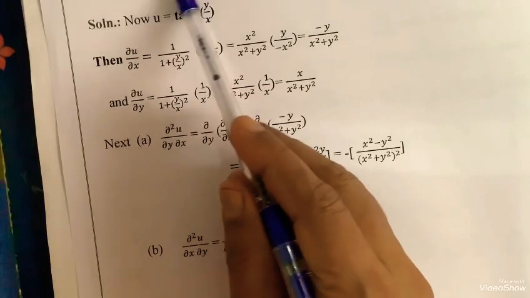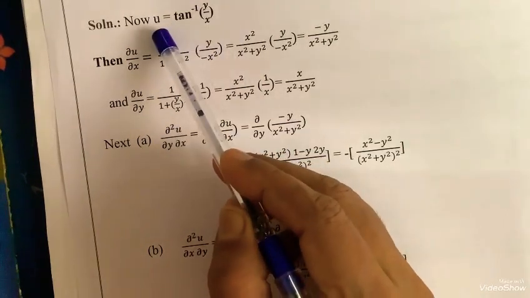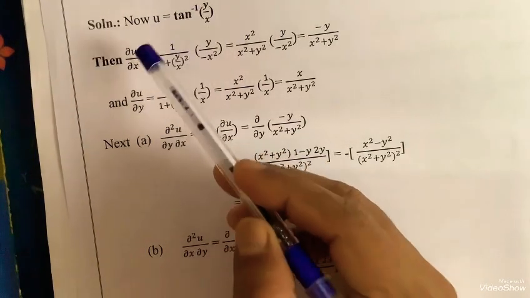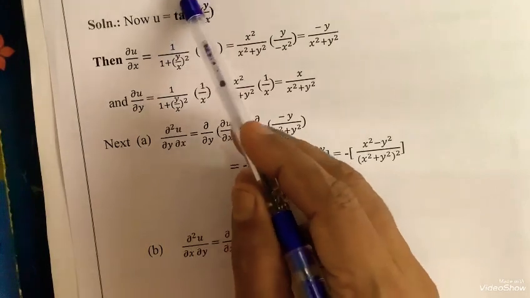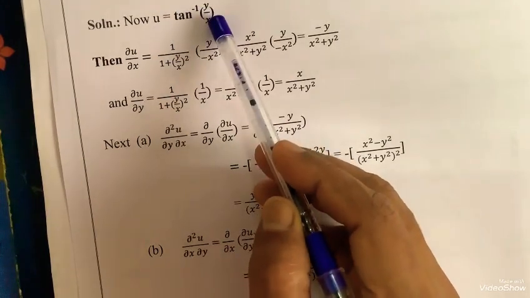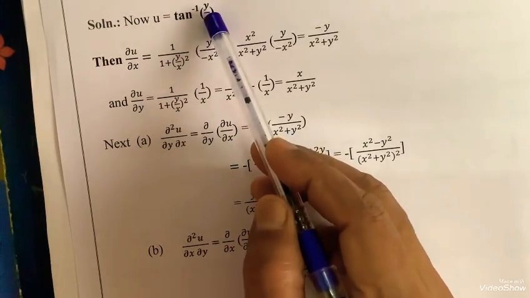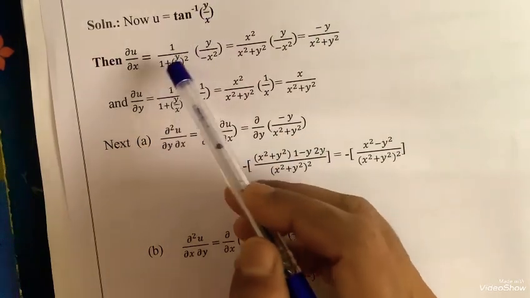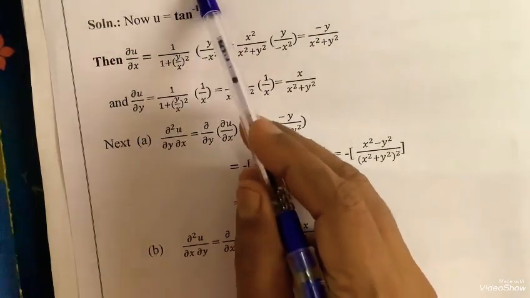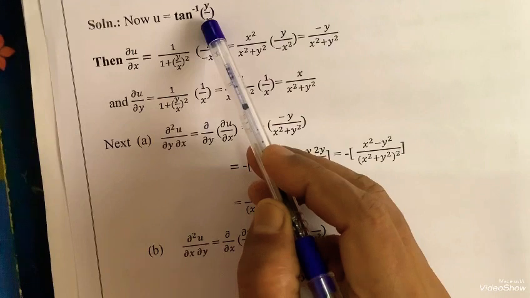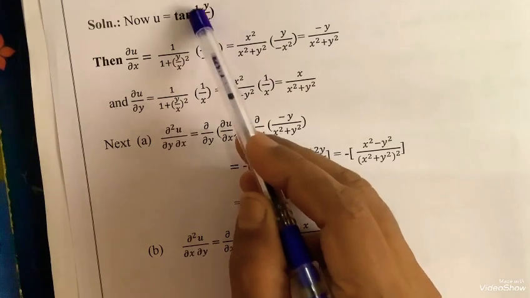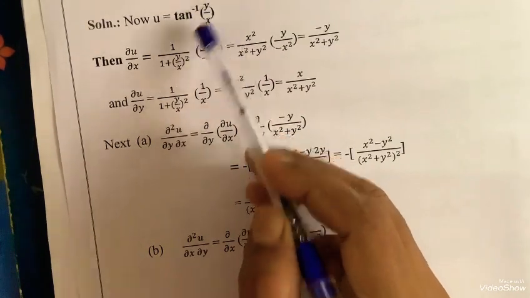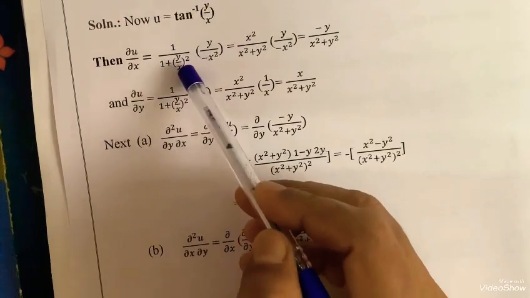What is the partial derivative of u with respect to x? Treating y constant, dou u by dou x. Now tan inverse of y by x is just like tan inverse of r. Differentiation of tan inverse of r is 1 upon 1 plus r square, into the differentiation of r with respect to x.